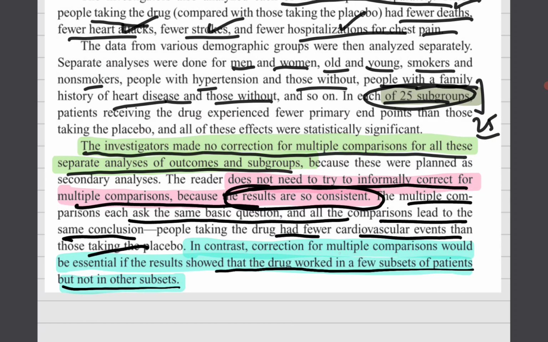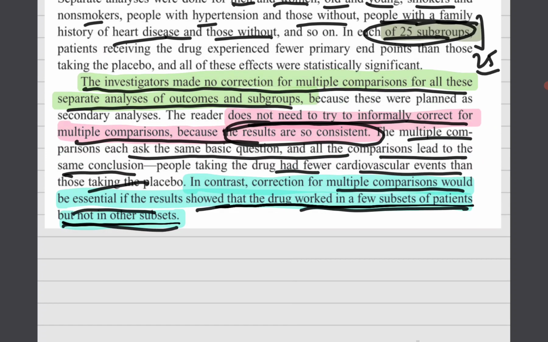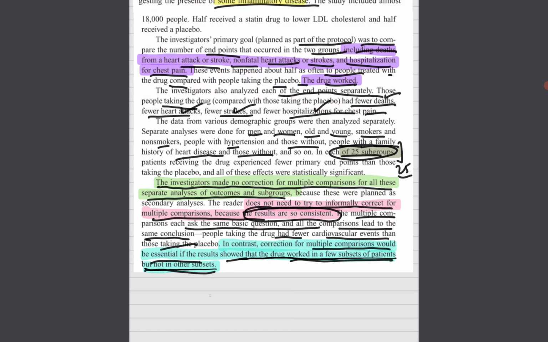In contrast, correction for multiple comparison would be essential if the results showed that the drug worked in a few subsets of patients but not in other subsets. The point I wanted to put across is that the results should be consistent across all the comparisons. If the results are consistent across all the comparisons that you have made, then it may be okay to not correct for those multiple comparisons.